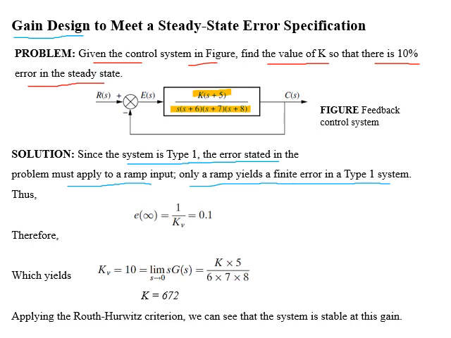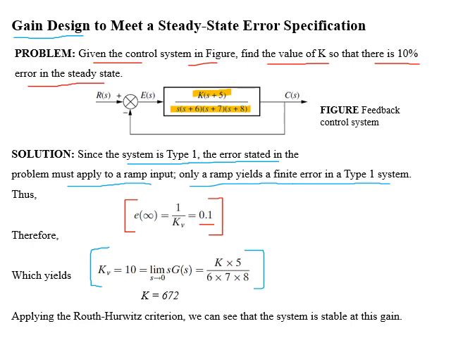So its error relation will be steady state error equals 1 over velocity constant, and this must be equal to 0.1, and we know that velocity constant is equal to limit s approaches 0 of s times G(s), where G(s) is the forward path transfer function.